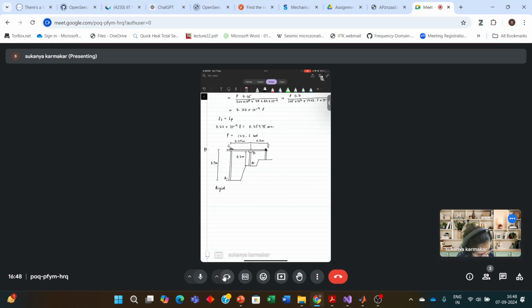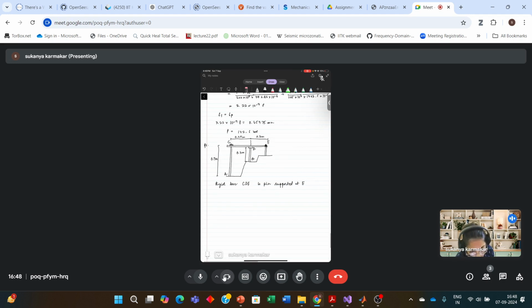So, rigid bar CDE is pin supported at E and it rests on a 30 diameter brass cylinder. So, BD is a brass cylinder with 30 dia.